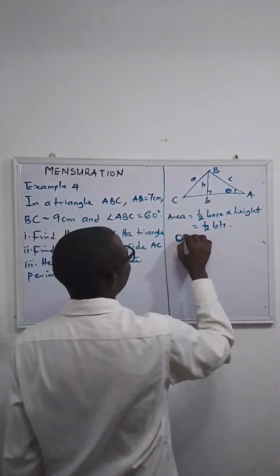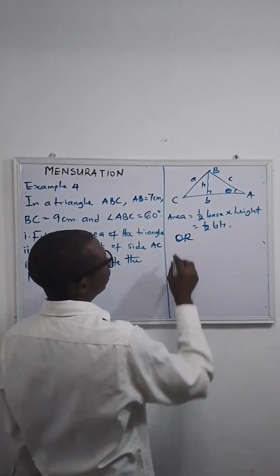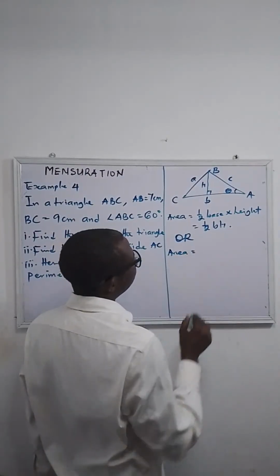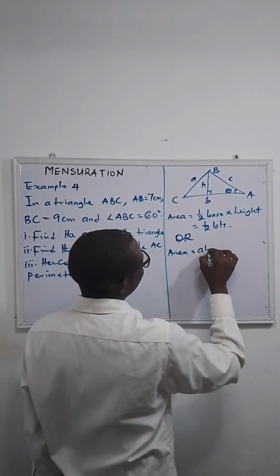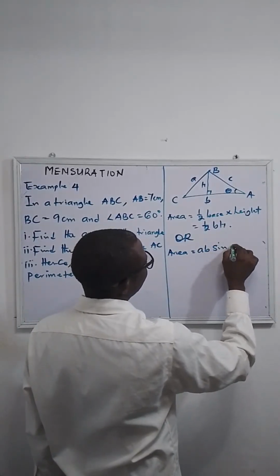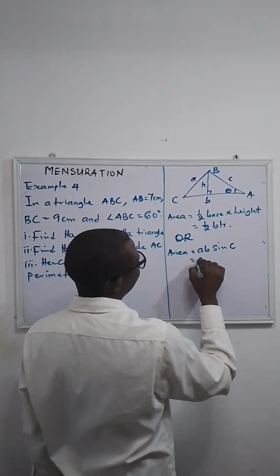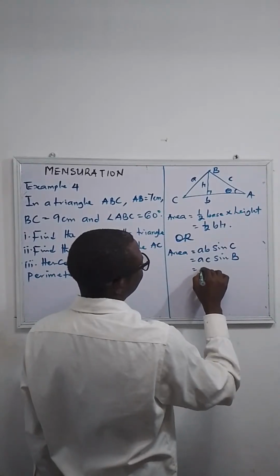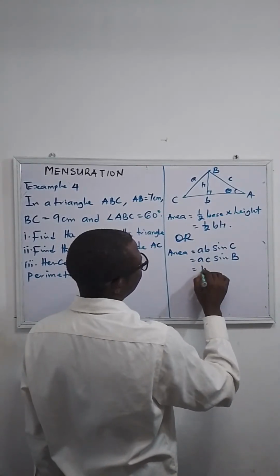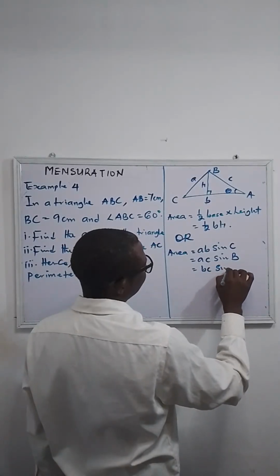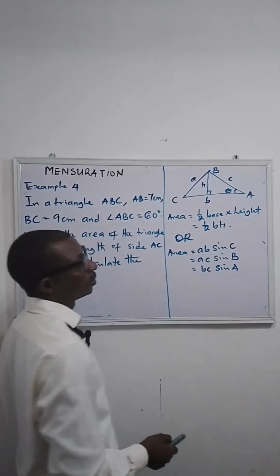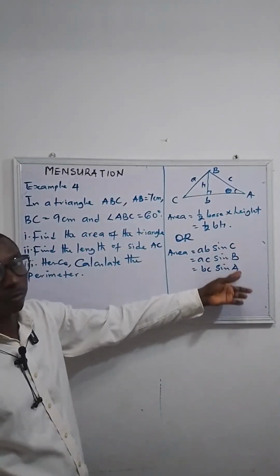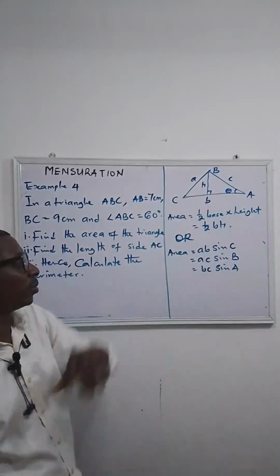Or the area equals half ab sine C, half ac sine B, or half bc sine A. Once angles are given, this is the formula we are going to use to find the area of this triangle.